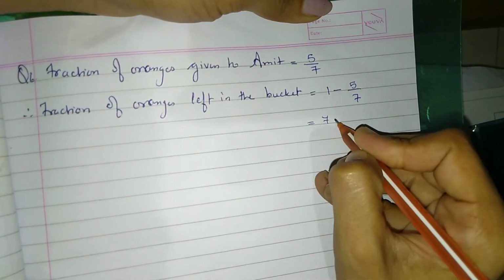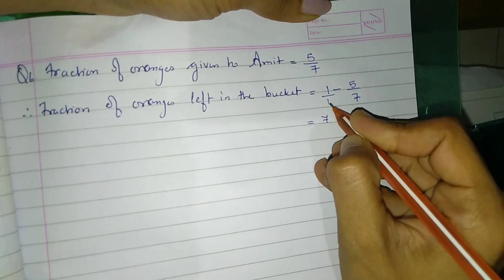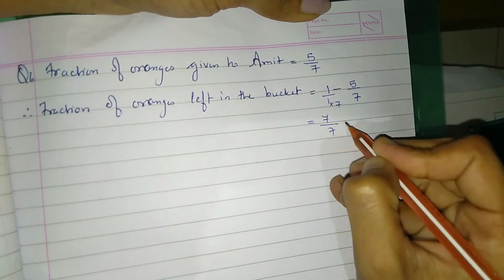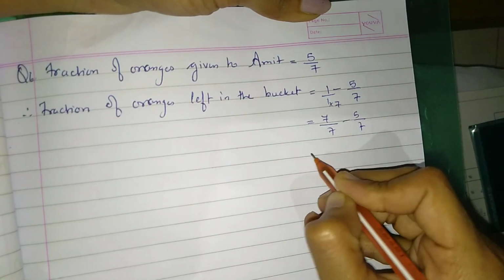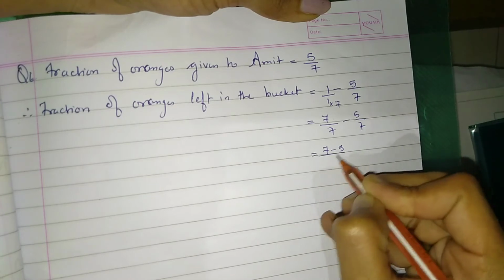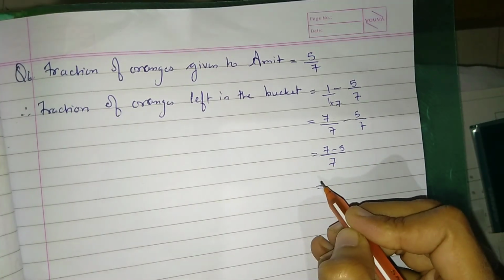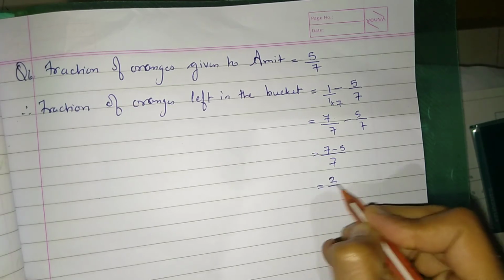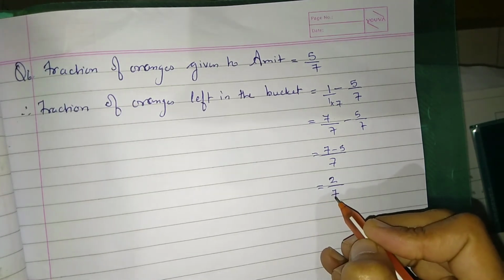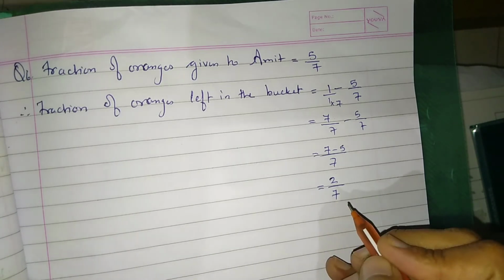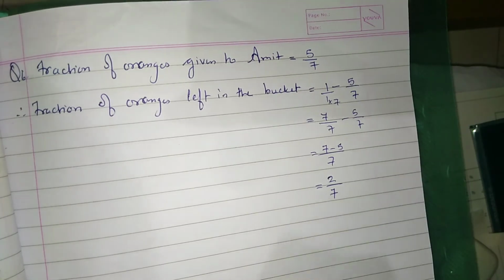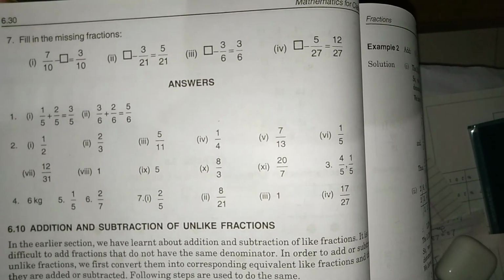So 7, here nothing means 1, so multiply by 7. 7 upon 7 minus 5 upon 7 is equal to 7 minus 5 upon 7, which is 2 upon 7. That is the answer. So how many oranges are left in the basket? 2 upon 7.